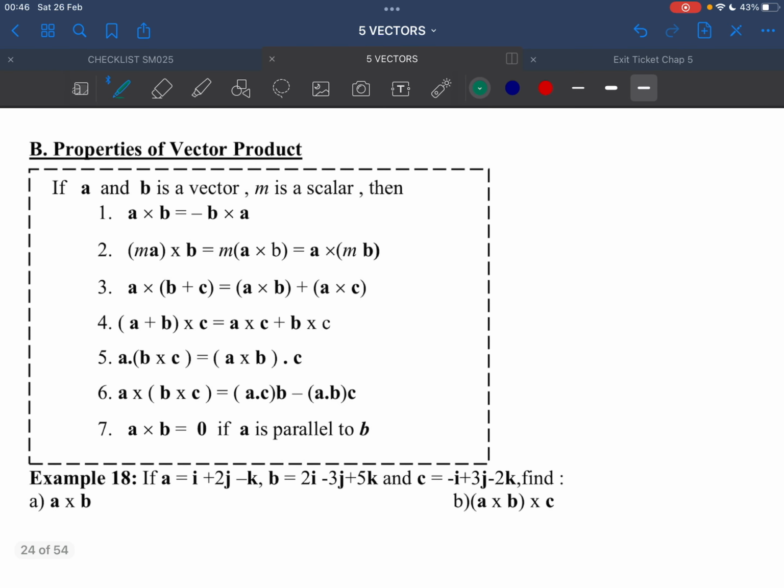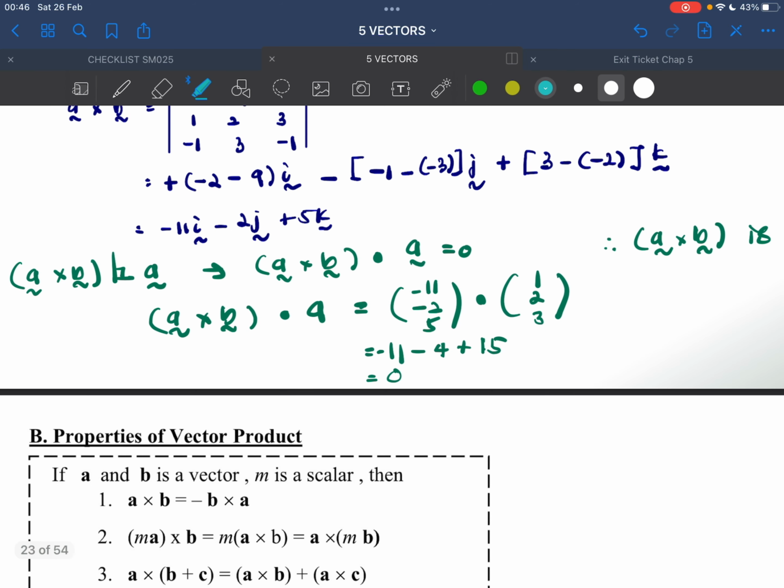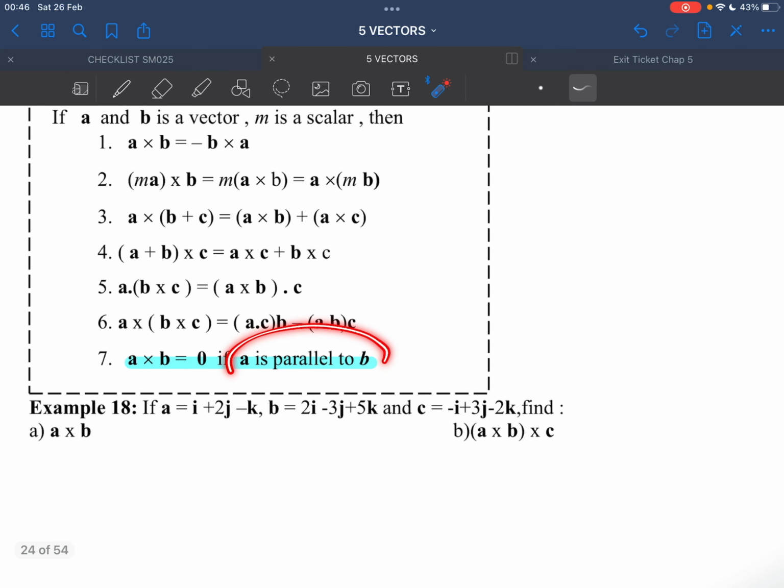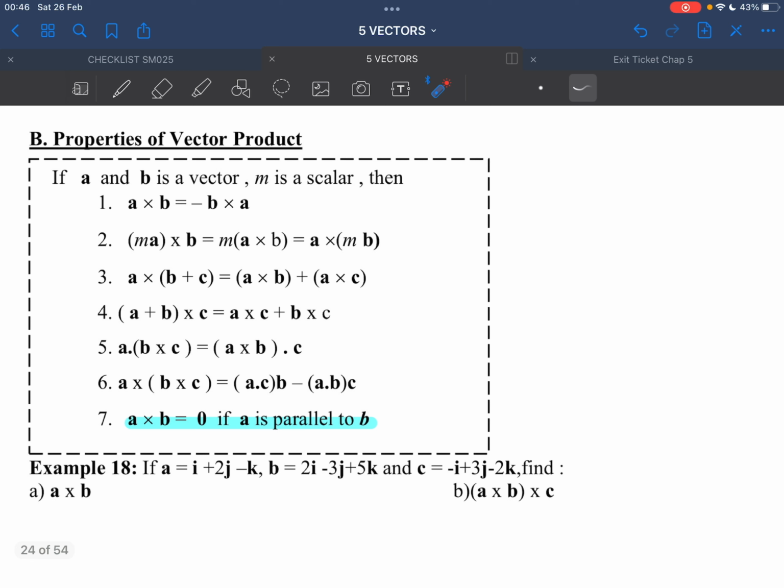So here we have the properties of vector product. There are a few properties, but the most important is what we have done earlier: A cross B equals 0 if A is parallel to B. From here, A perpendicular to B means A dot B equals 0, but if A parallel to B, A cross B equals 0. And as you can see, A cross B equals negative B cross A. So you will get a negative answer if we reverse it.